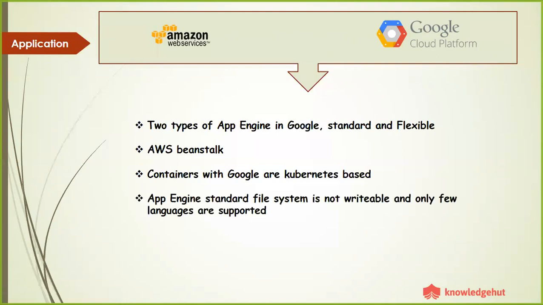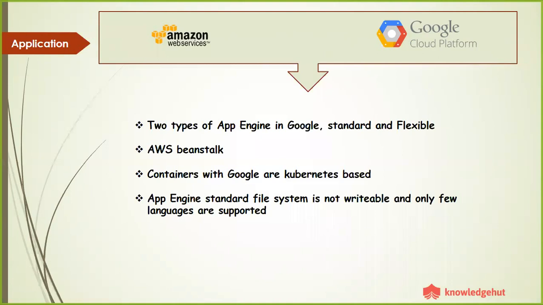App Engine standard file system is not writable and only a few languages are supported. This is really a good thing, especially if security is concerned. You need to upload your code in a very specific way, and where your code is residing, your code cannot write on that hard drive or storage.